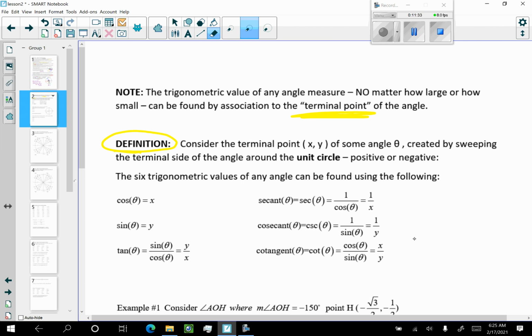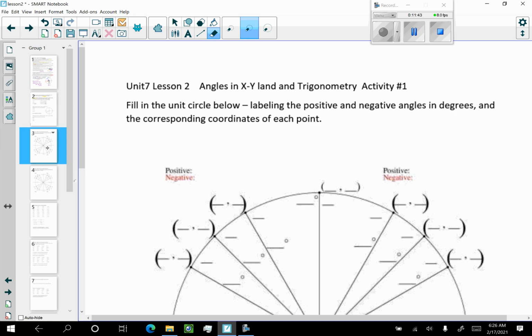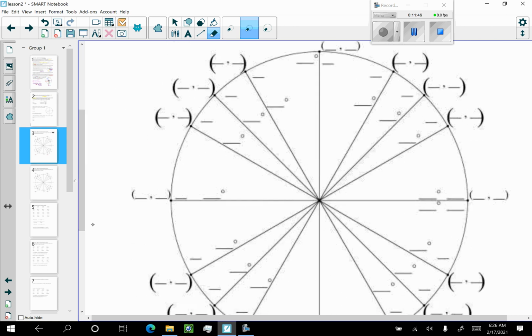Well, if I'm on the unit circle, the hypotenuse is always 1. So if I'm on the unit circle here, let me go to this unit circle. I have one right here. If I'm on the unit circle, the hypotenuse, all this point right here, is going to be (1, 0). So I'm always on the unit circle.